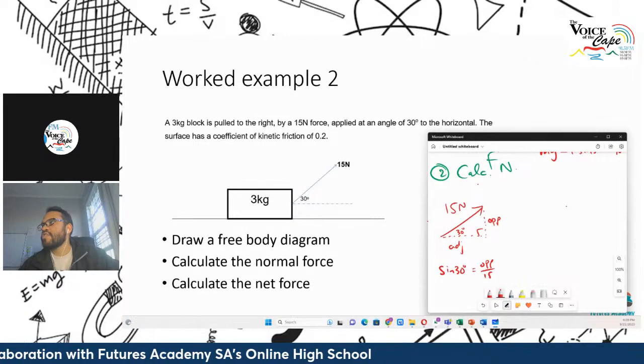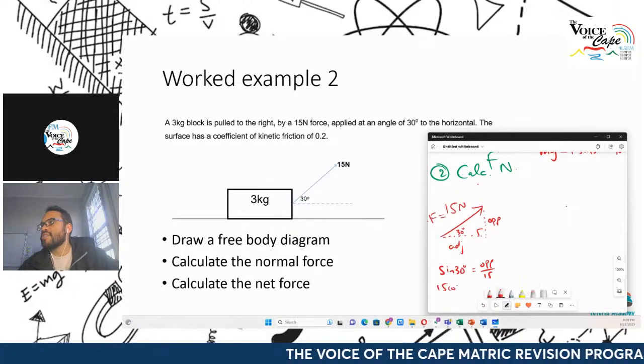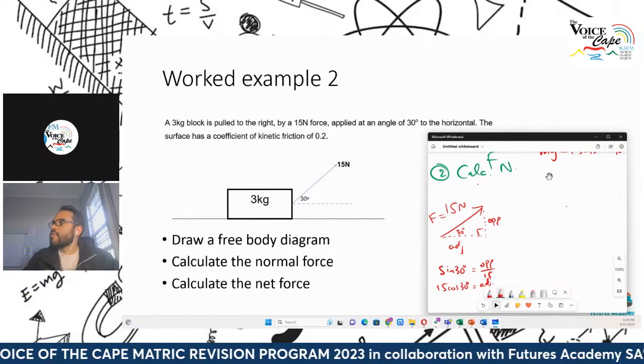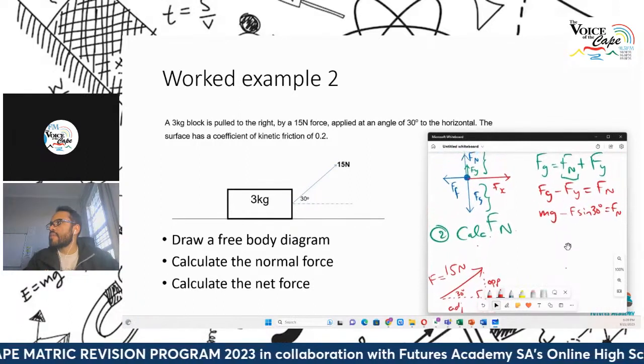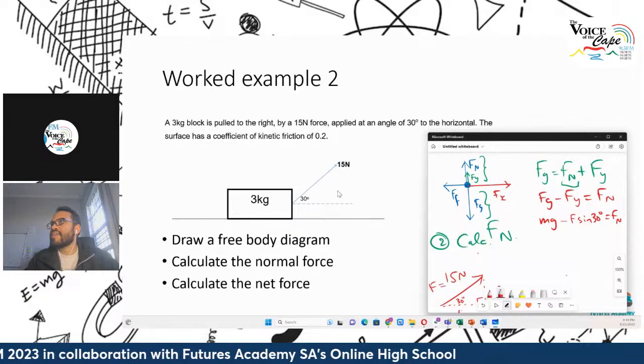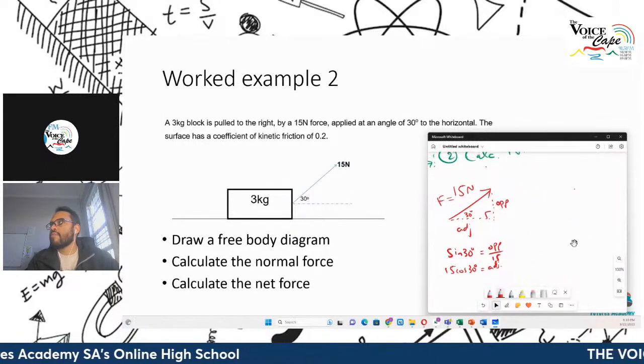So 15, which is F applied, times sine of 30 will give me that opposite. For the adjacent side, 15 cos of 30 degrees gives me the adjacent side. So if we go to what we see over here, the applied force, which is 15 newtons, sine of 30 gives me the vertical component. Simple trigonometry that you have from grade 10.